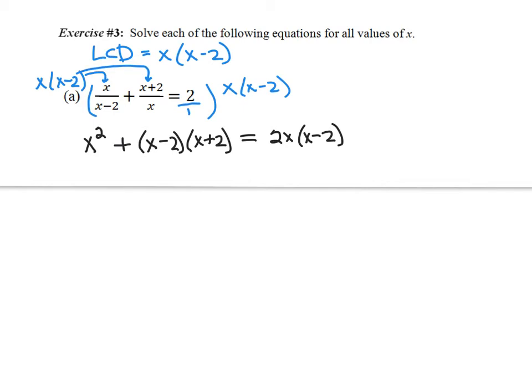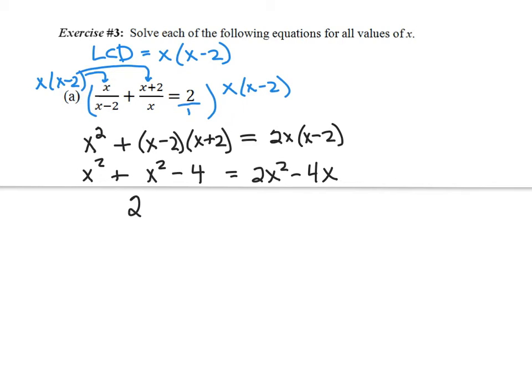So let's simplify the equation that we have. x squared plus, do your double distribution, and we get x squared minus 4 equals, on the right side, 2x times x is 2x squared. 2x times negative 2 is negative 4x.